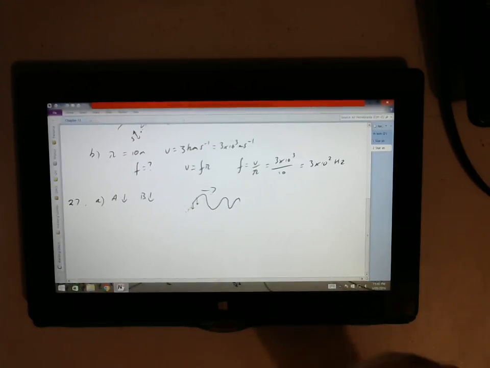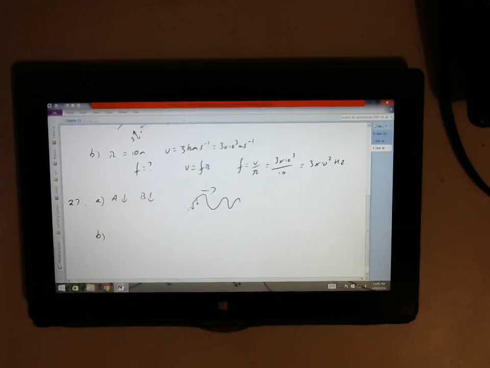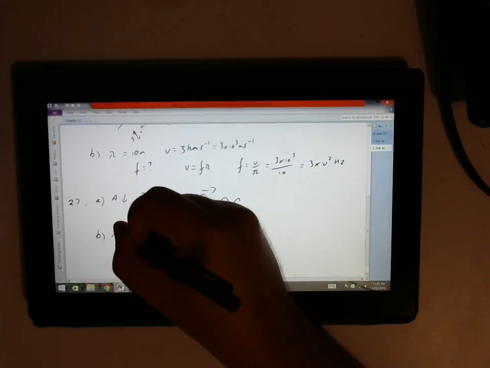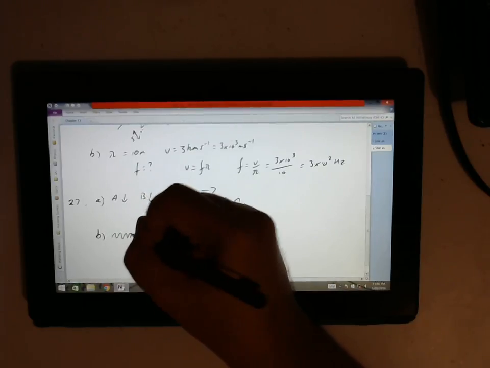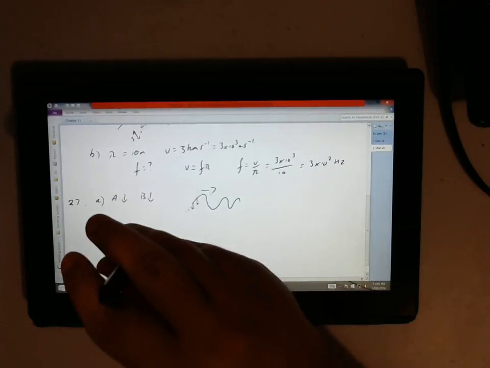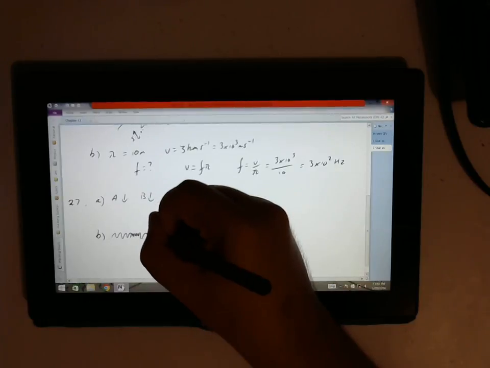Okay, let's have a look at our other diagram though. This is a longitudinal wave. We haven't done one like this before. So A and B we can see are either side of a compression. Okay, so we've got our spread out bit, and then a compression, and then a spread out, then a spread out bit, a rarefaction.